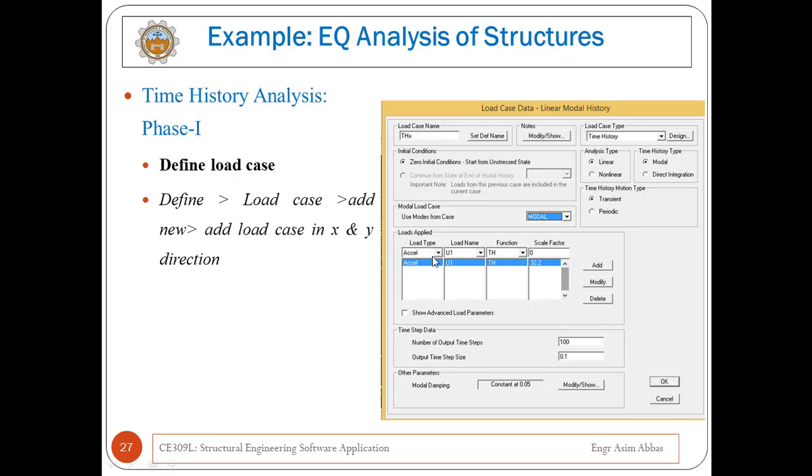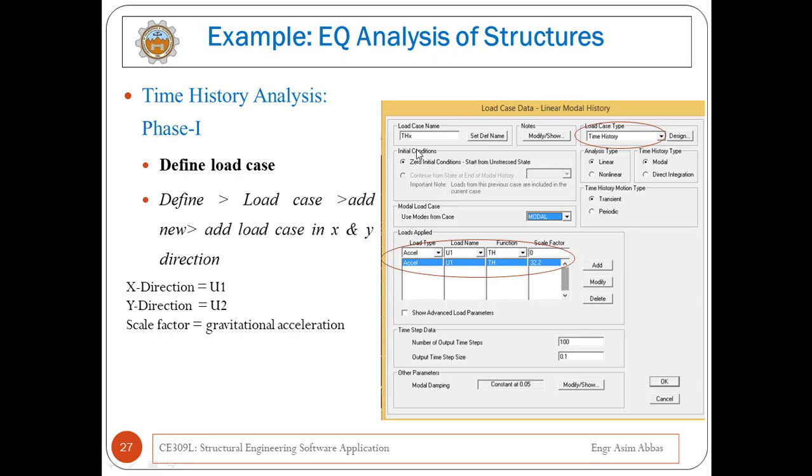First of all I will change the load type to Acceleration, then I will enter load names U1, U2 and U3. U1 gives you the acceleration in the x direction, and U2 means the y direction.